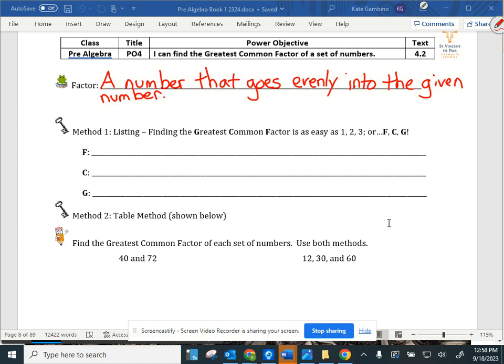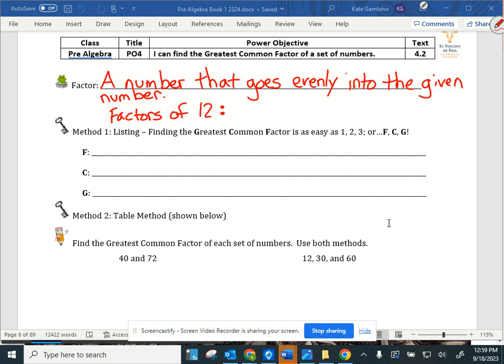So if we have examples, let's say we want the factors of 12. Think about your multiplication facts. Think about what numbers we multiply together to get 12 that evenly go into 12. No fractions, no decimals. Will?